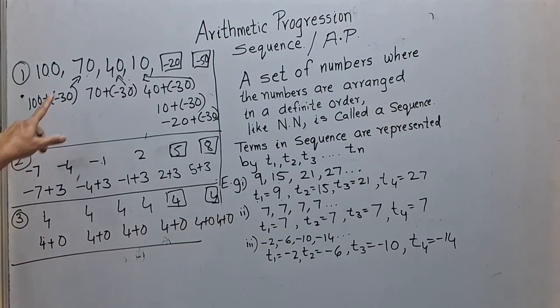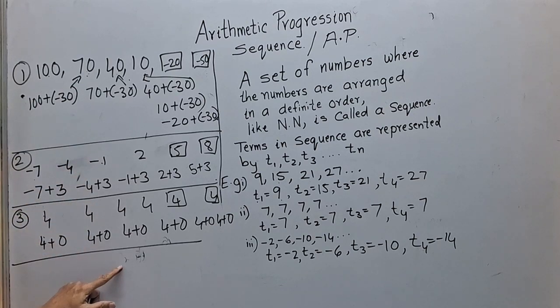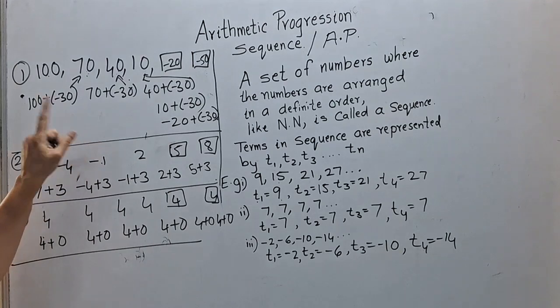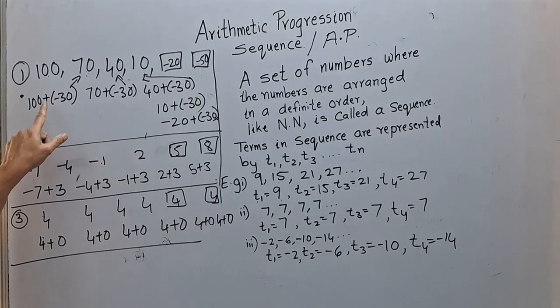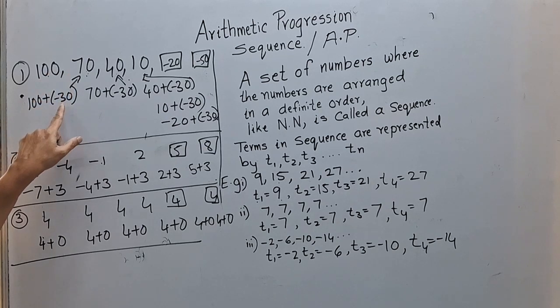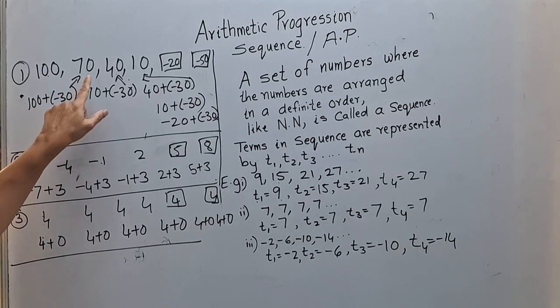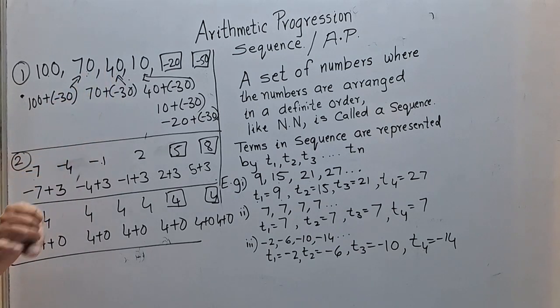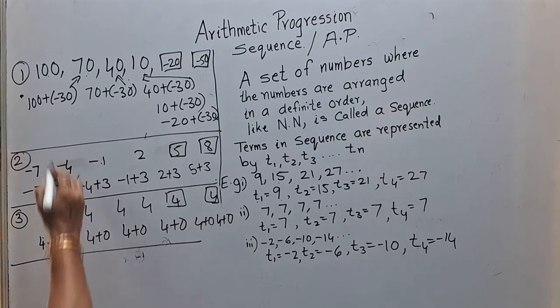So now these are all sequences, again I am repeating, which have a definite order. And what is that order or relation? We found that when you add minus 30 to the first term in this case, you get 70. When you add minus 30 to 70, you get 40. So here you are adding a negative number.